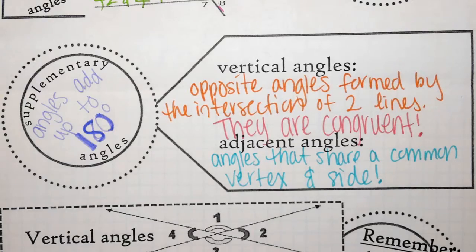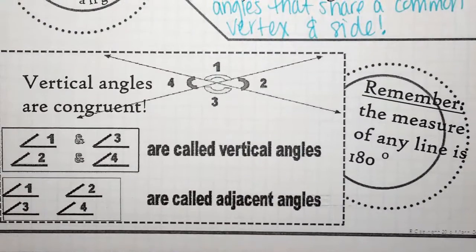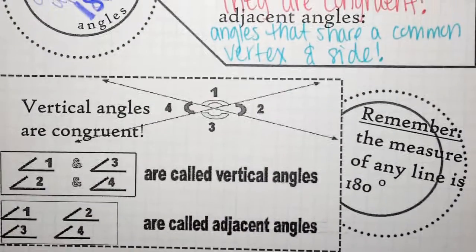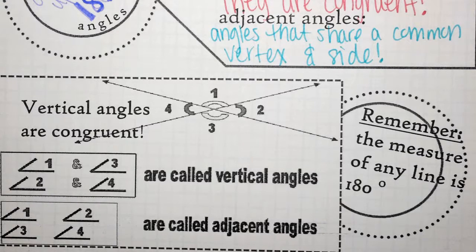So let's look at this picture at the bottom. Why are 1 and 3 congruent? What kind of angles are those? Alright, why are 2 and 4 congruent? Vertical. Show 'em. What's the sum of 2 and 3? 180. What's the sum of 1 and 2? What's the sum of 1 and 4?